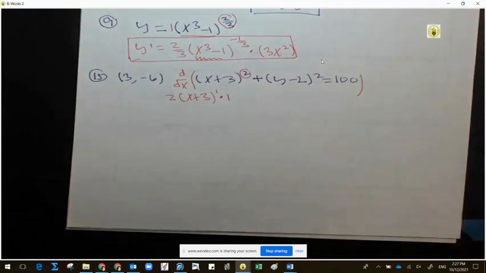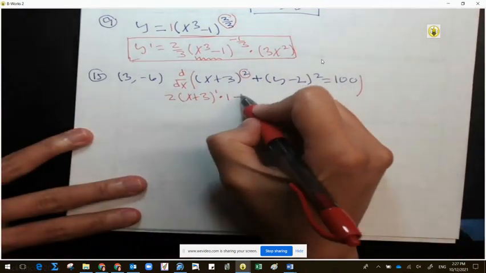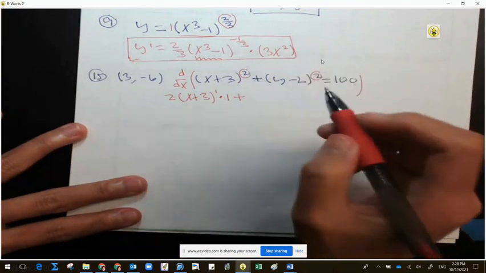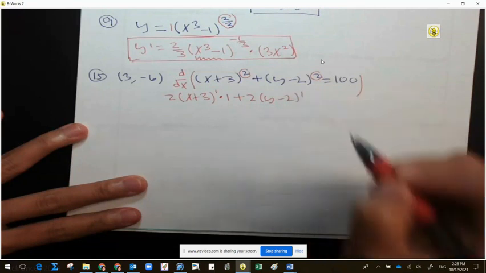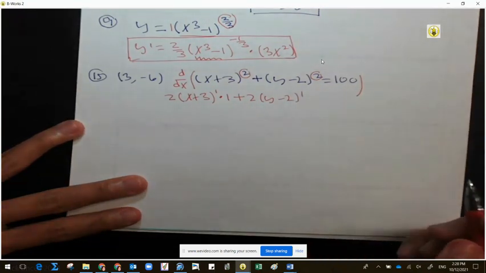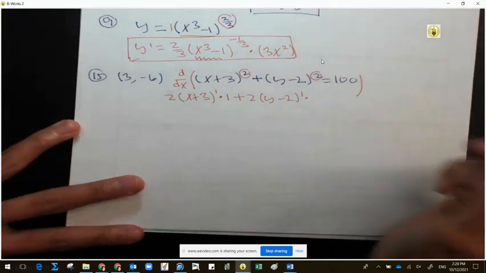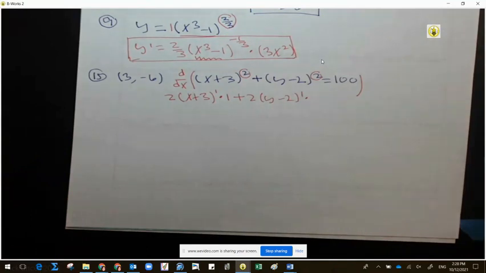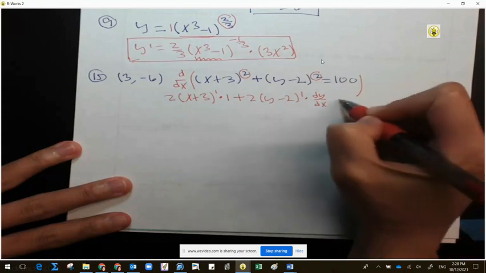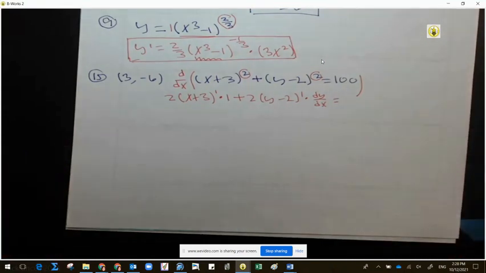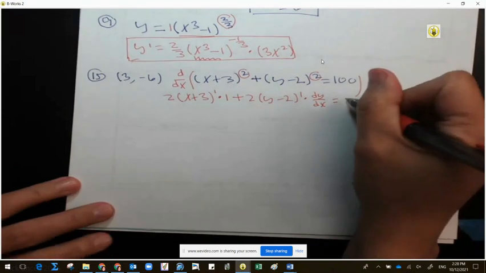So if you don't want that 1, don't write it. The next piece, here's our chain rule again. We have 2, keep the inside, 1 less. And yes, you can go ahead and write out the 1 at the end. But anything I do with the non-x's, what do I need? dy over dx.